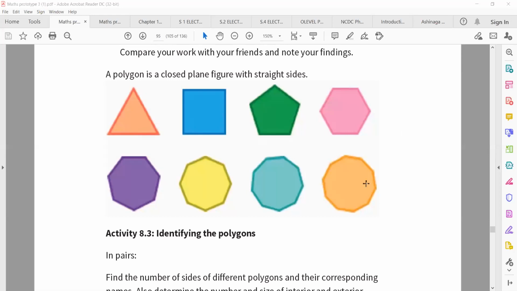Okay. Can we hear from Nanyanzi? I can see a hexagon. Which one is that? Which color? Pink.